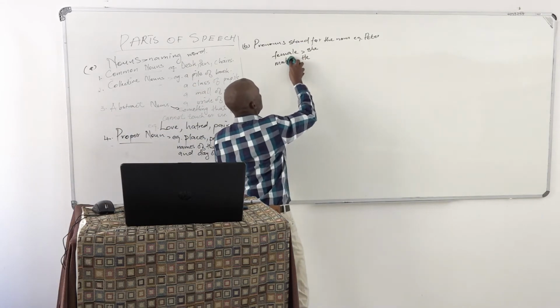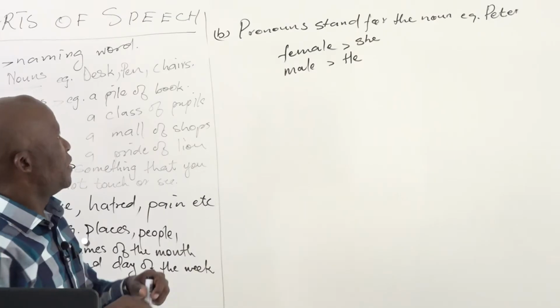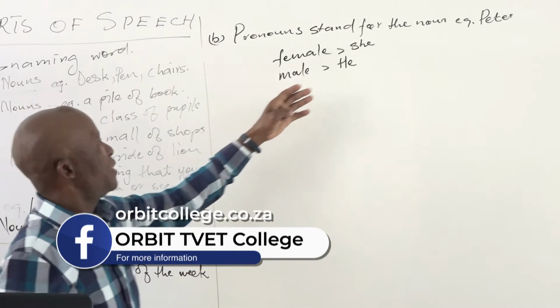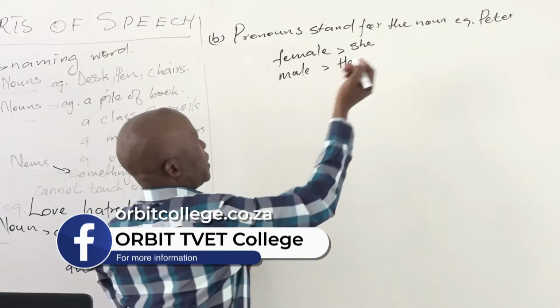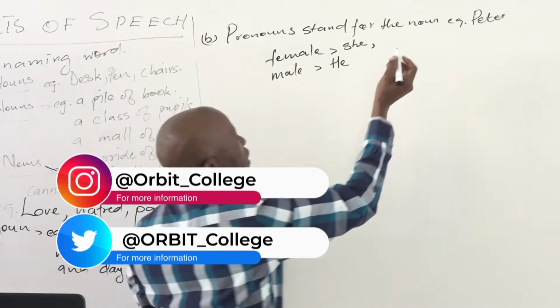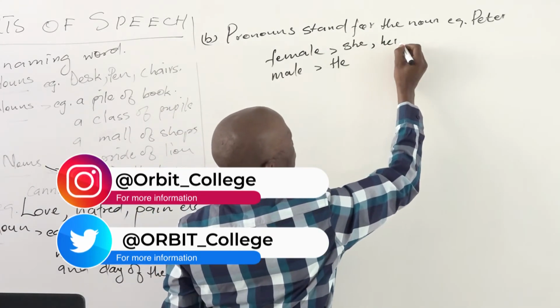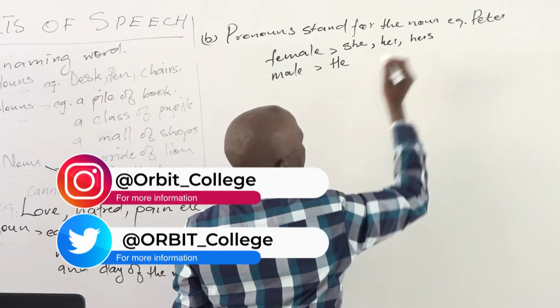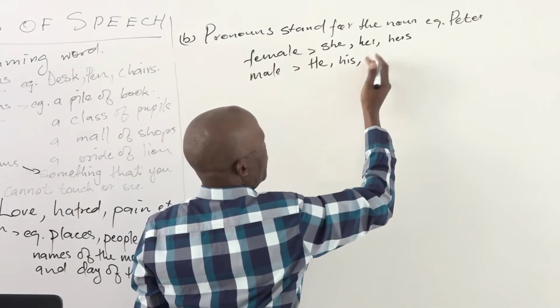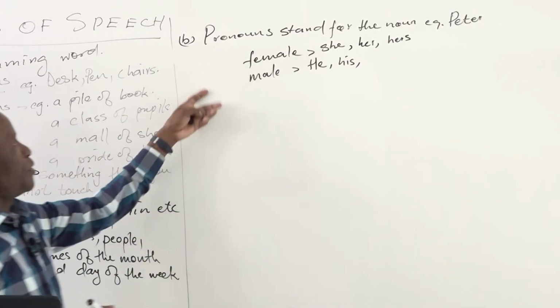That is pronouns. We also have personal pronouns, that is he or she. For she, under possessive pronouns, we have her or hers. Here we've got his. Now, those are examples of pronouns.